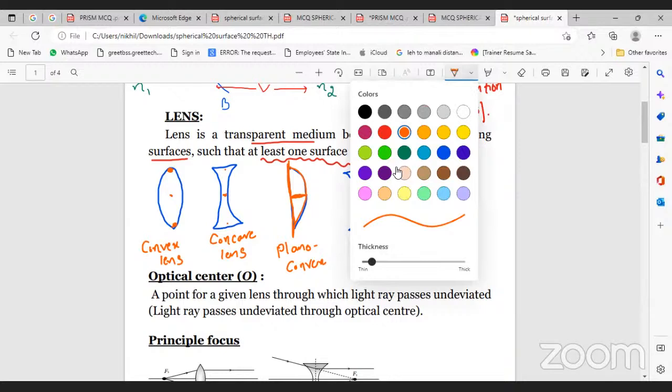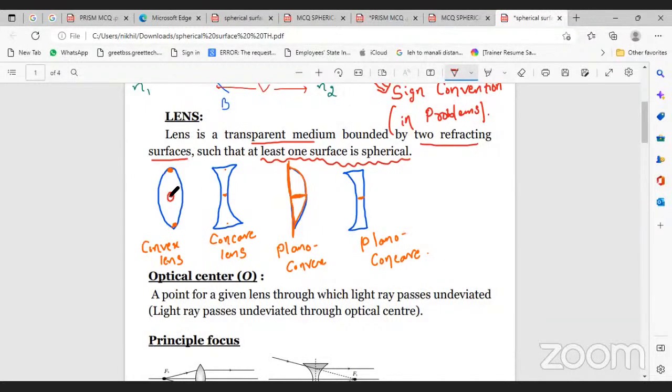Now, come to this particular point. You can see the center for both the surfaces. This center is called the optic center, denoted by O. What is optic center? Optic center is a point inside the lens on the principal axis.